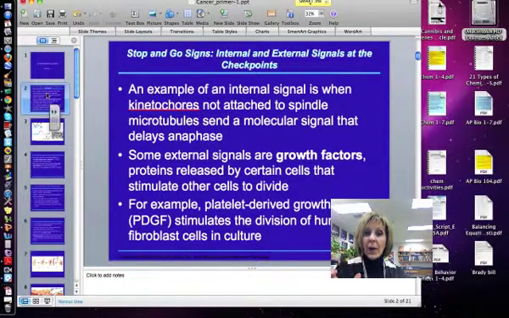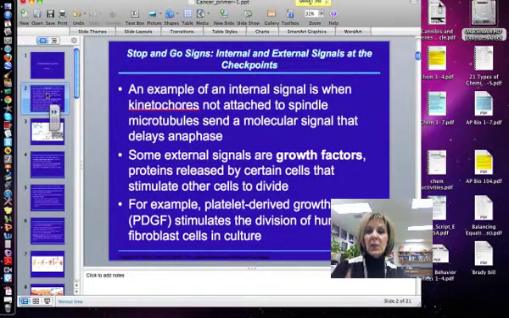But there are other spindle fibers that attach to the kinetochores, and those are shortening. They shorten those protein strands of the microtubules to pull the chromosomes apart. So you have some that are not attached to the kinetochores that are lengthening, and some that are attached to the kinetochores that are shortening. Those push and pull the chromosomes to the opposite poles, and that's what happens during anaphase.